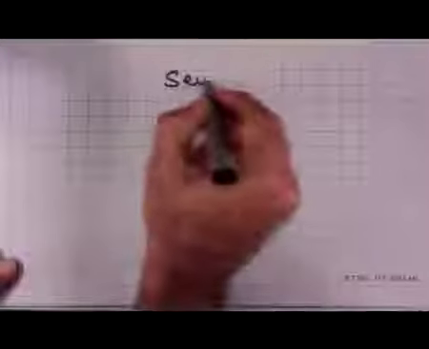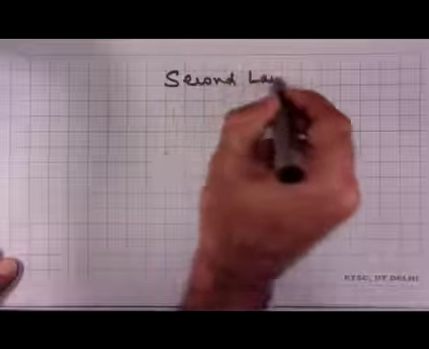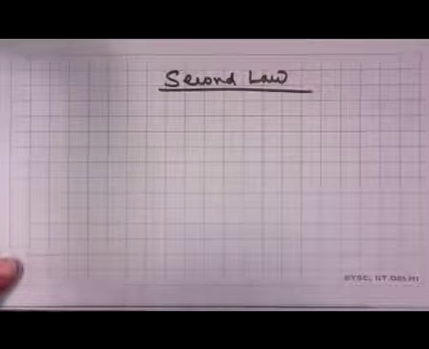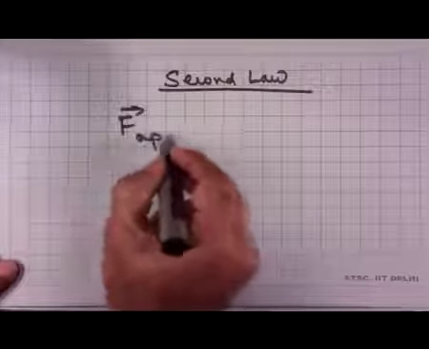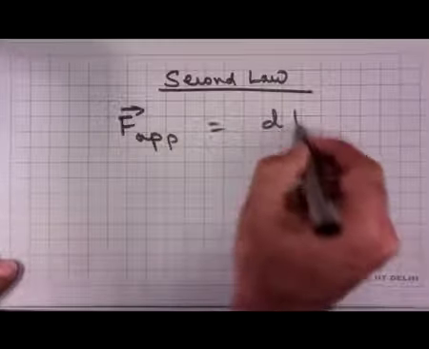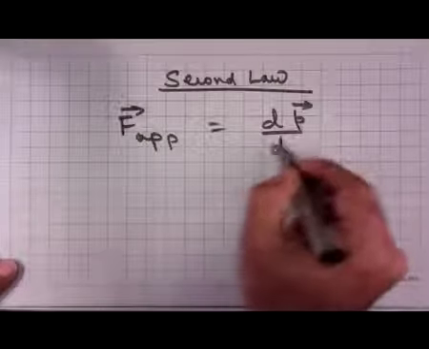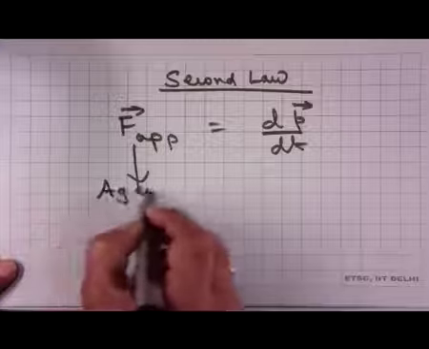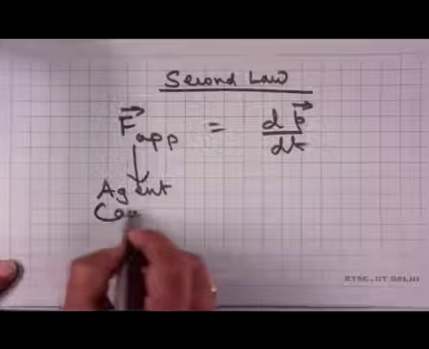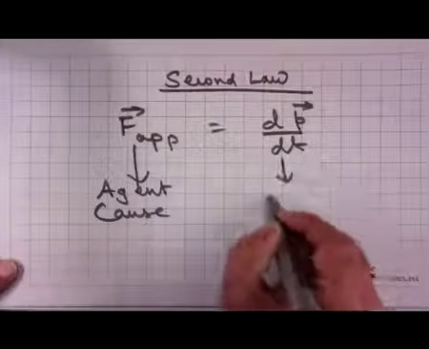In second law, there is an asymmetry. So, I write F applied is equal to dP by dt. This is the agent, cause, and this is the effect.